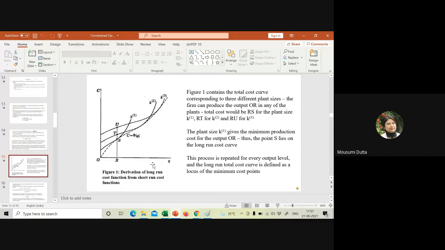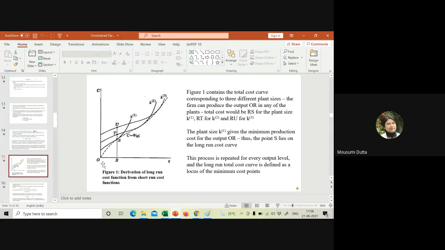We will consider 3 possible plant sizes to produce a particular level of output, say OR: K1, K2 and K3. First, we are drawing the total cost curve with respect to K1, then with respect to K2 and K3.